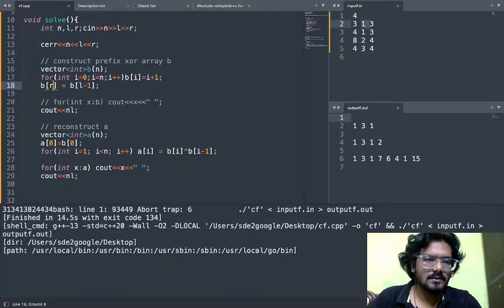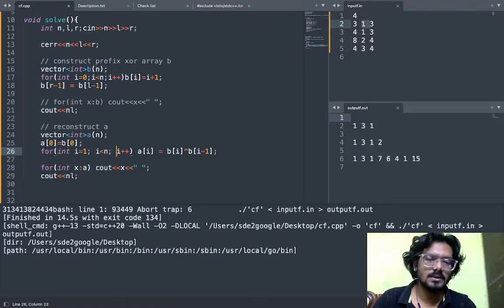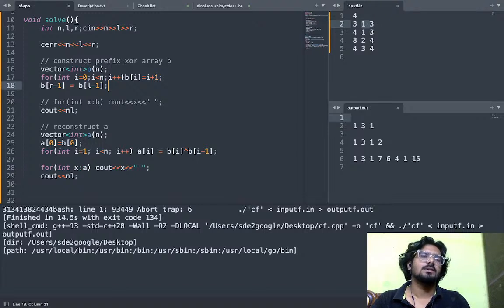These indexes are inflated. I just need to check. Yeah, these indexes are definitely inflated. So what we can do is reduce L by 1 and everything goes to 1.